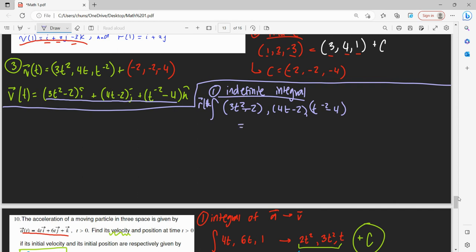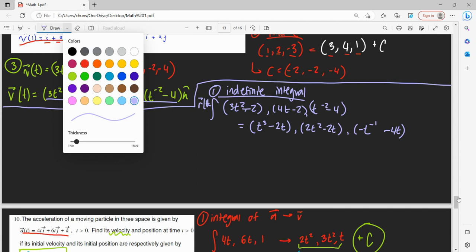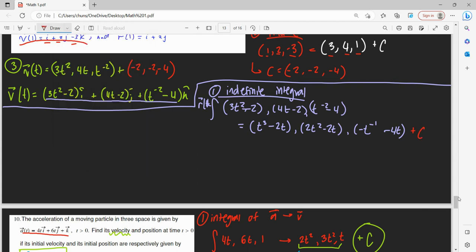When we integrate that, that will give us t cubed minus 2t, that will be 2t squared minus 2t, and then this will be negative t to the negative 1, minus 4t, plus c, or plus d, because we already used plus c, but honestly it doesn't really matter as long as you can keep it straight in your head.